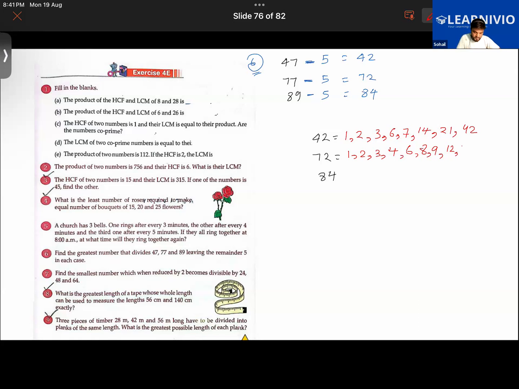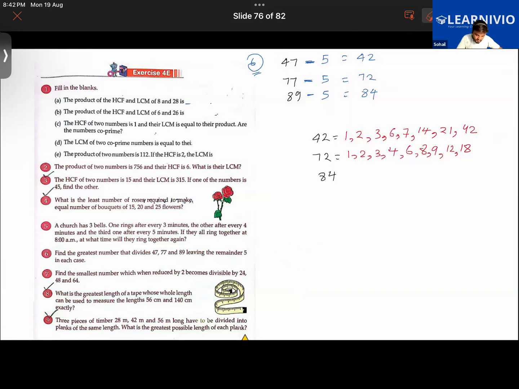Before 36, there's one more number. What is 1/4 of 72? How can it be 36? 1/4 of 72 is 1/4 multiplied by 72. 4 eighteens are 72, so it will be 18.